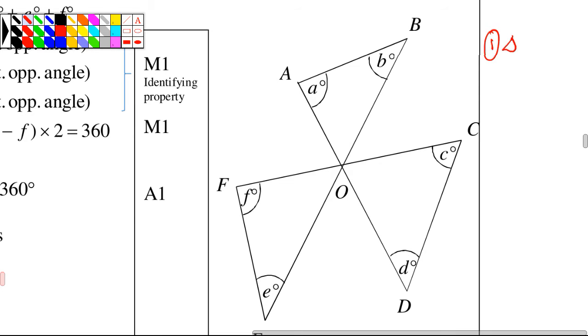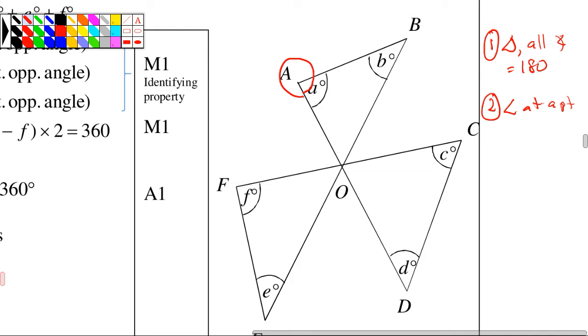In a triangle, all angles add up to be what? 180. That means this plus this plus this is 180. That's one. The second thing I want to know is, angles at a point is what? What do I mean by angles at a point? If I have one round like that, what's the angle?